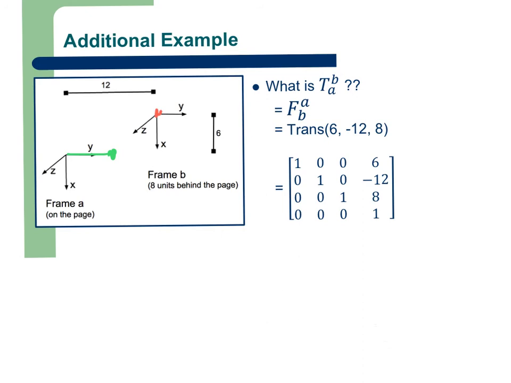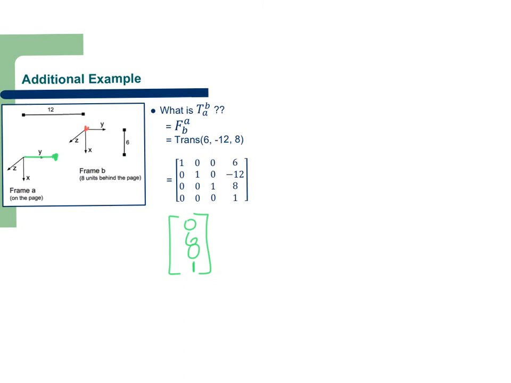So its location in the A coordinate frame is x is 0, y is 6 units over, z is 0, and we have our weighting factor of 1, and I'm going to pre-multiply it by my matrix. I won't rewrite the matrix, I'll just rewrite the point, 0, 6, 0, 1.